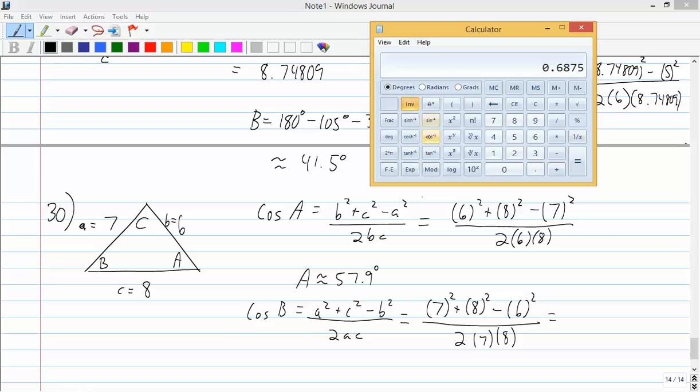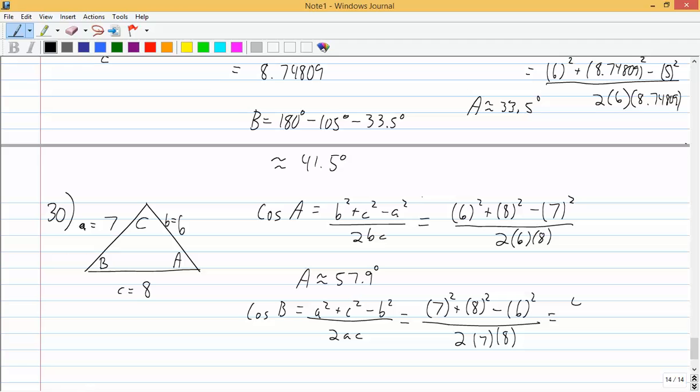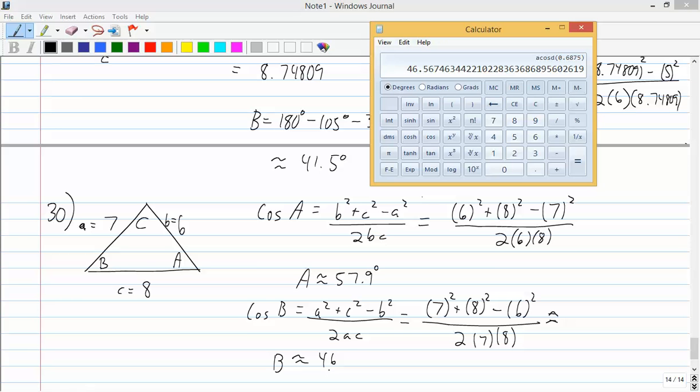So I'll say inverse cosine, and if I rounded that to one place, that would be 46.6 degrees. So angle B is about 46.6 degrees.